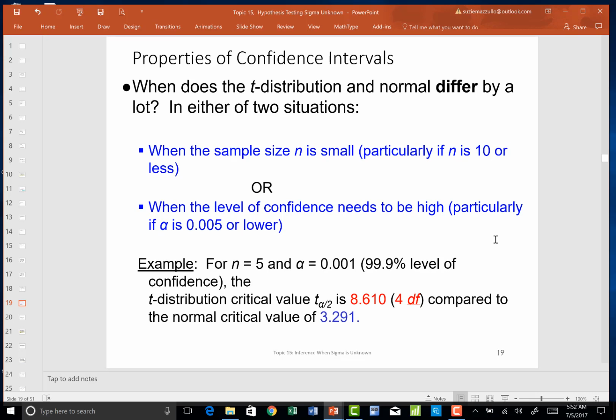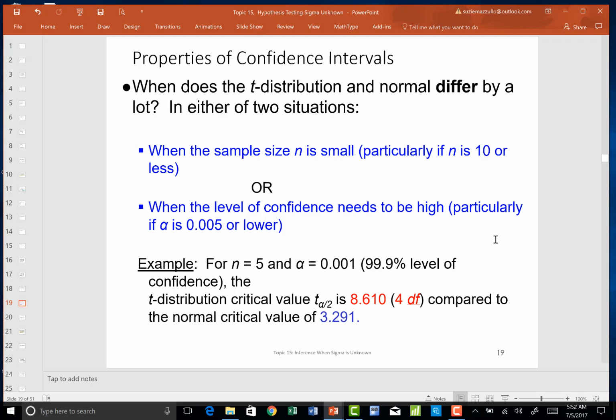When a sample size is small, particularly let's say n is 10 or less, or the level of confidence needs to be high, particularly 0.005 or lower, these are where we find that the t and the standard normal distributions differ quite significantly. Let's look at this example.